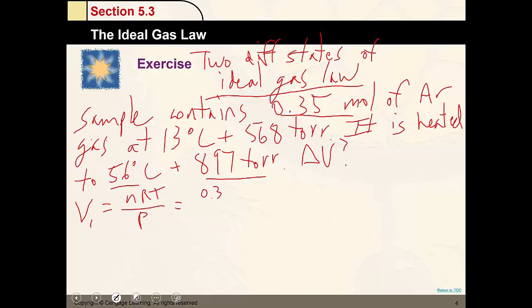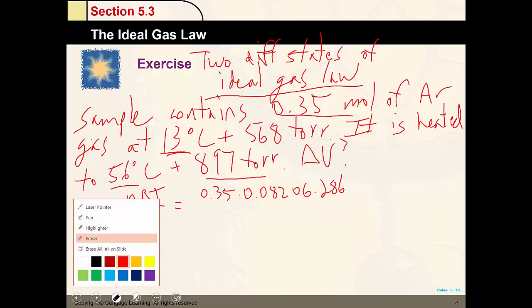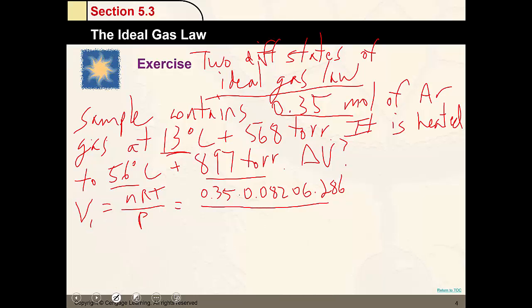So we know there's 0.35 moles. We'll use our value of R, 0.08206, and then the temperature in Kelvin, so 13 plus 273 is 286. And I left off all the units here, but remember all of the units should cancel out besides those liters using the universal gas constant.